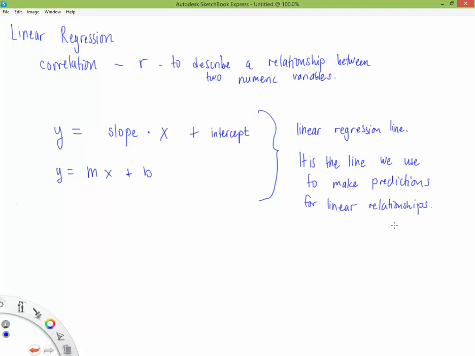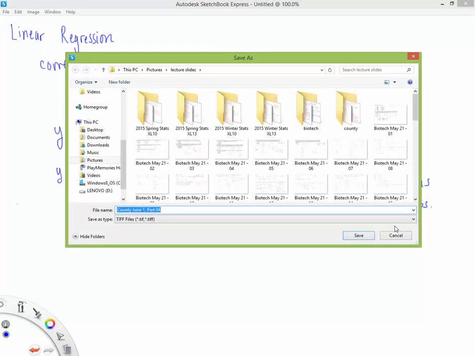Okay, so let's try out an example and just make sure we can do this.